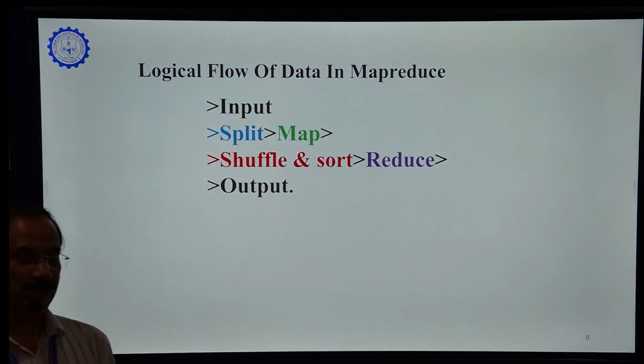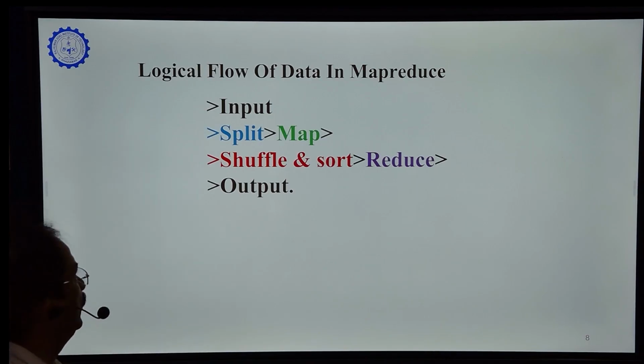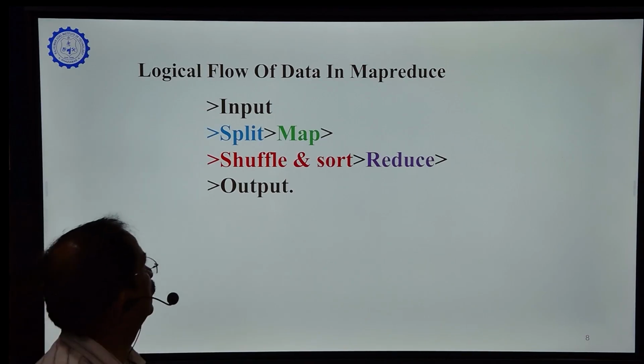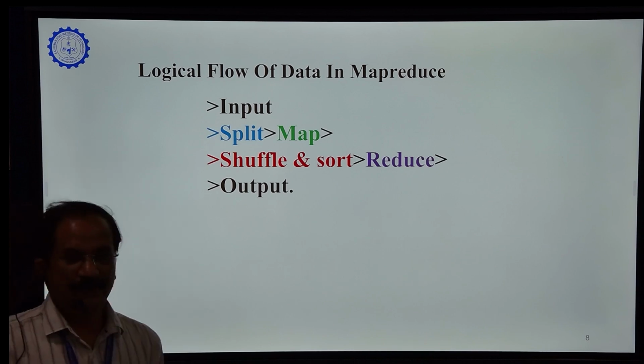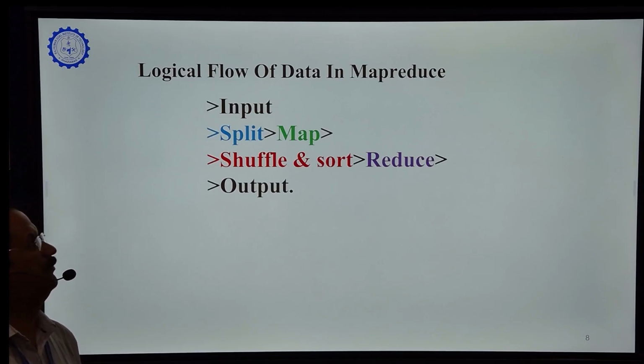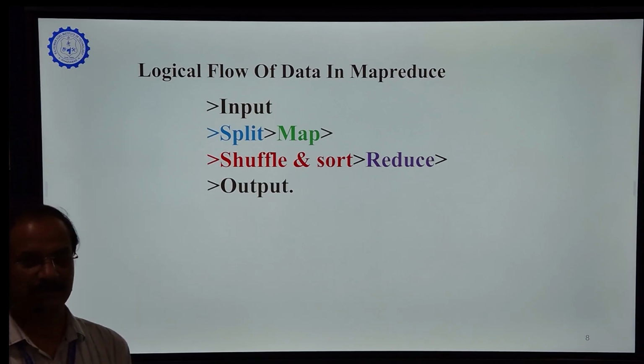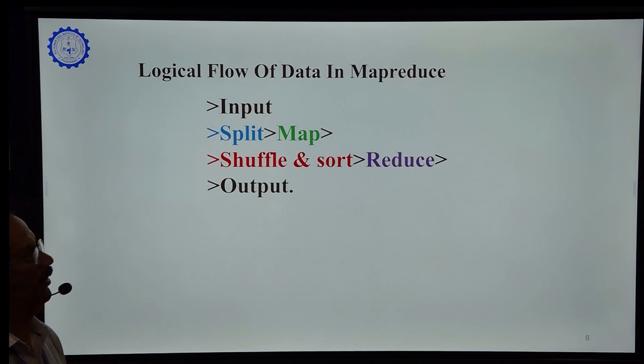In logical form, we can see this: input, split, map, shuffling, sorting, reduce, and output. What are these?